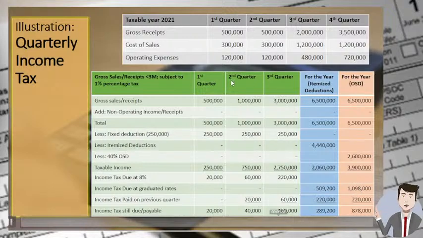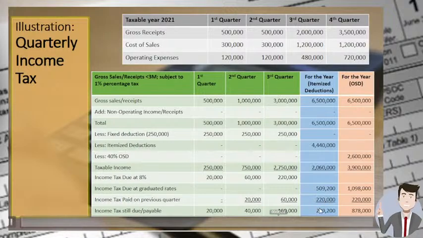But in previous quarters, we have already paid, di ba? So ka simple lang ta eh. So 20,000 plus 40,000, plus 160,000, that is 220,000. So i-minus na lang. Nabayaran mo na, hindi mo na kailangan bayaran paliwat, di ba?